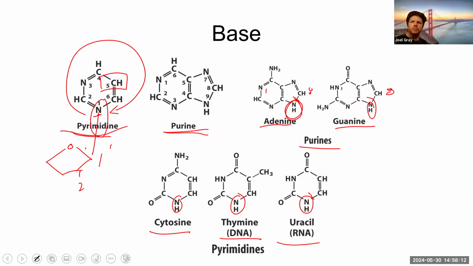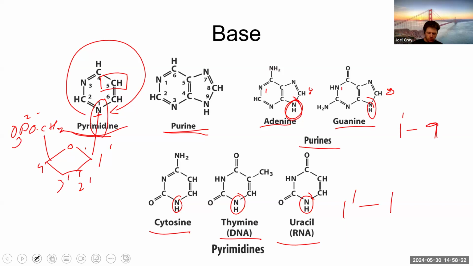This is 2 prime, 3 prime, 4 prime, and then CH2OPO3 2 minus. Does everyone follow that? So it's a 1 prime to 9 N-glycosidic linkage for purines, and a 1 prime to 1 N-glycosidic linkage for pyrimidines. Is everyone good with that?